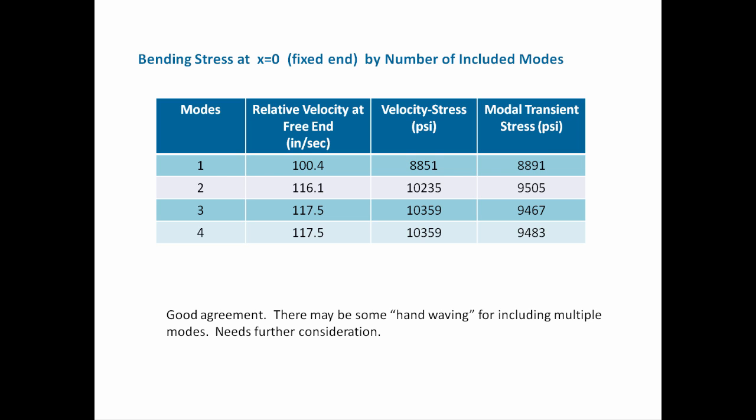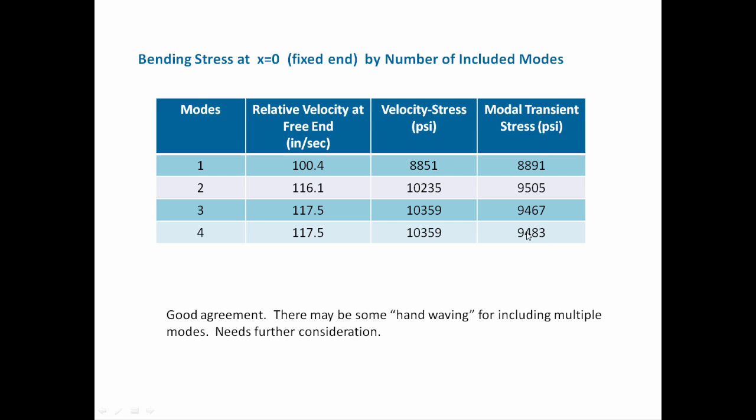And see what else. We also have our fourth column, which is our modal transient stress, psi. Now, you've seen these four numbers before as well. And I think to make this make a little more sense, I should have switched out those two columns. But the modal transient comes about from the response to the arbitrary pulse.